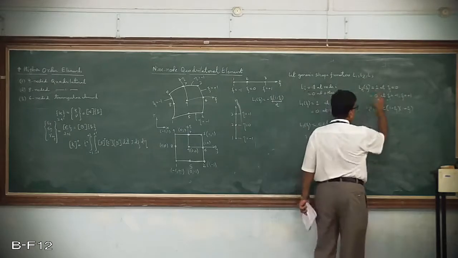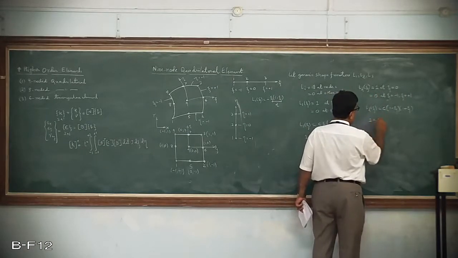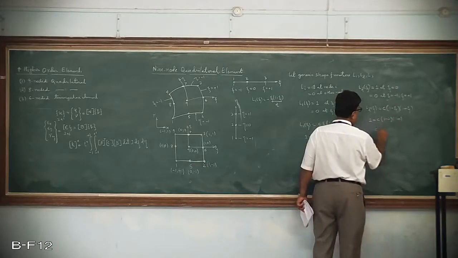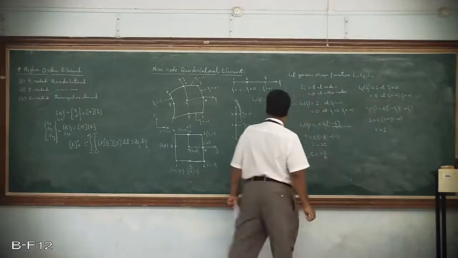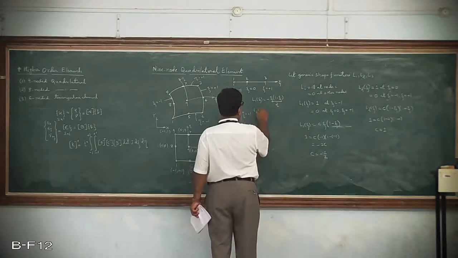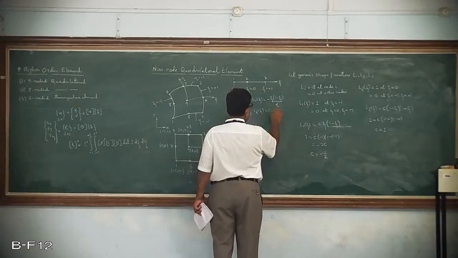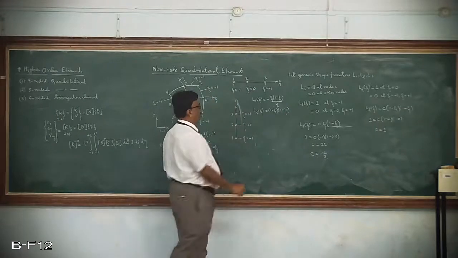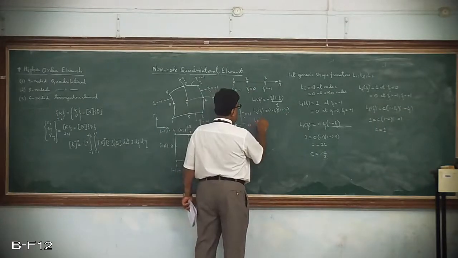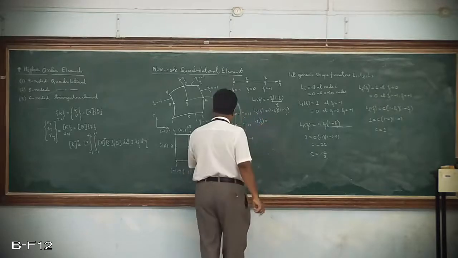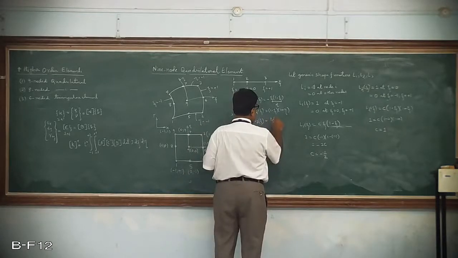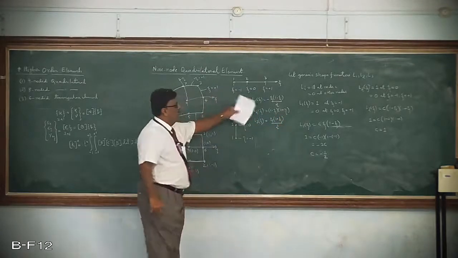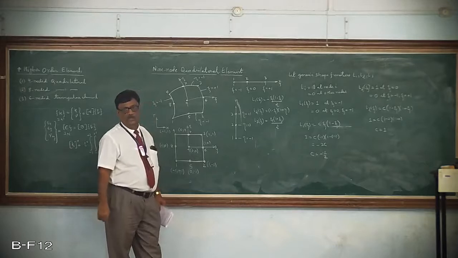When I put zeta equal to 0, it simply says C is equal to 1. So L2 of zeta is 1 minus zeta, 1 plus zeta only, since C is 1. In a similar sense, I can write L3 of zeta is equal to zeta into 1 plus zeta upon 2. On the basis of these three, you can say generic functions are generated.